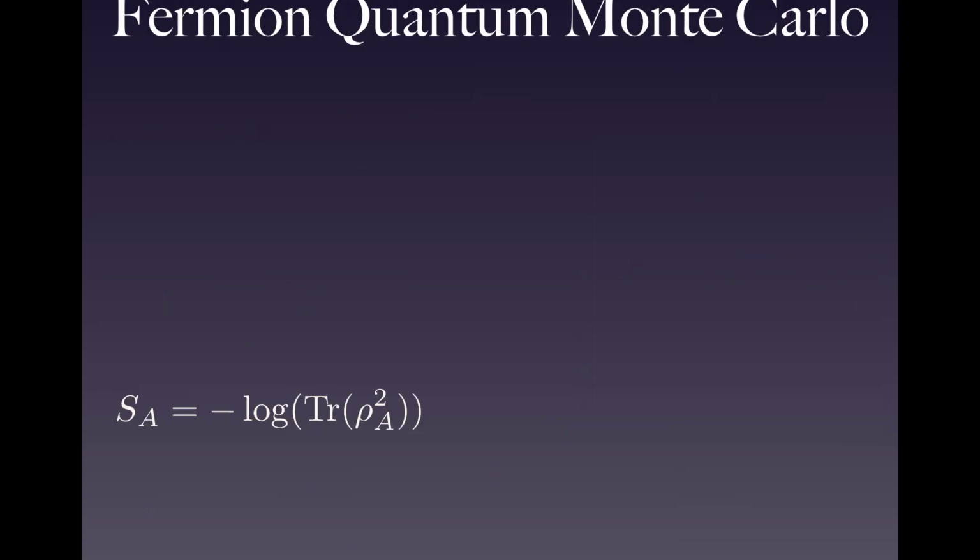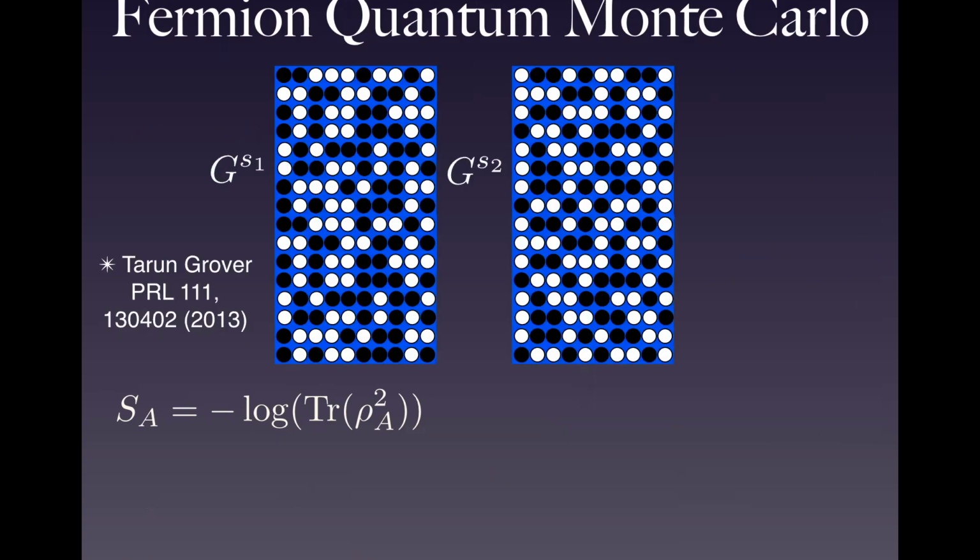So I'm specifically going to be computing the second Renyi entanglement entropy, which involves the reduced density matrix squared associated with some region A that you want to compute the entropy for. And so Grover and collaborators showed how to do this in this framework, which is to consider two independent replicas of the system with two independent Hubbard-Stratonovich fields, S1 and S2.